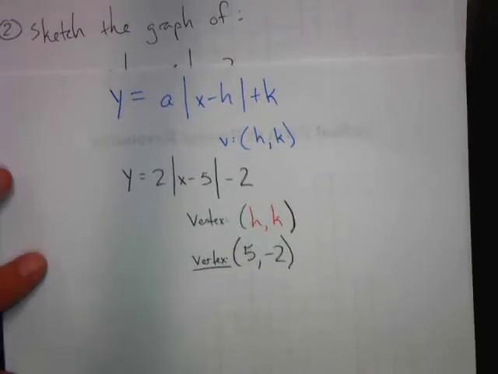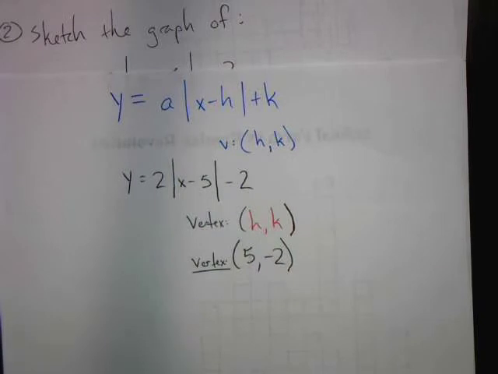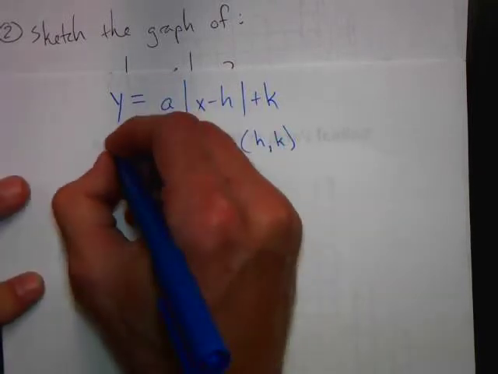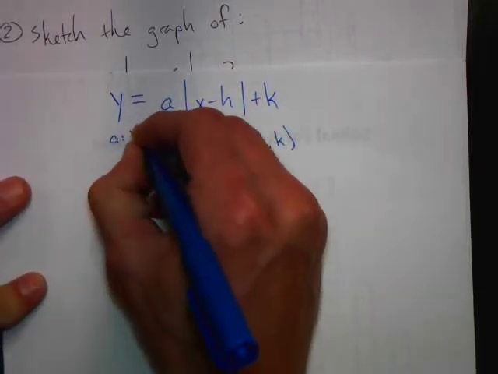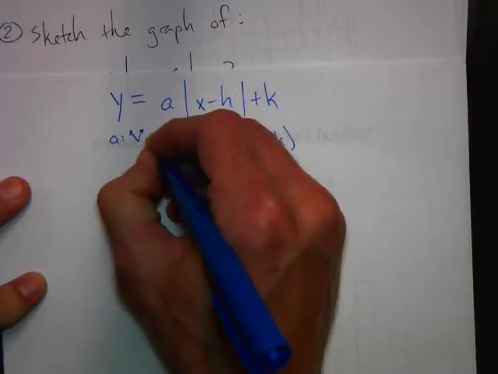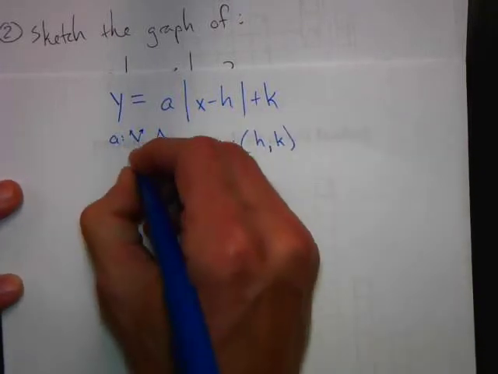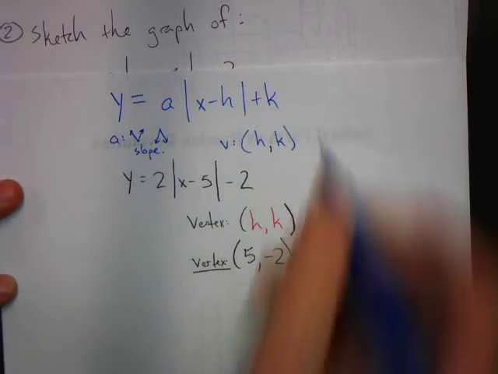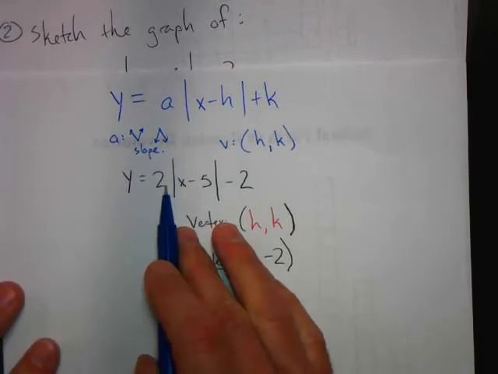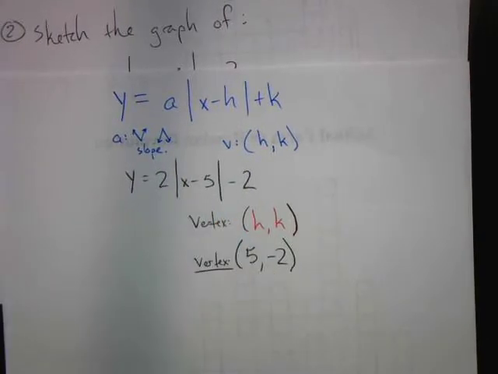Now remember, there's that a piece that's out there as well. What does a tell us? Remember, a tells us whether or not we're having a V shape or an upside down V shape, and it's going to give us the slope as well. So look at our given equation. The a is going to be 2.